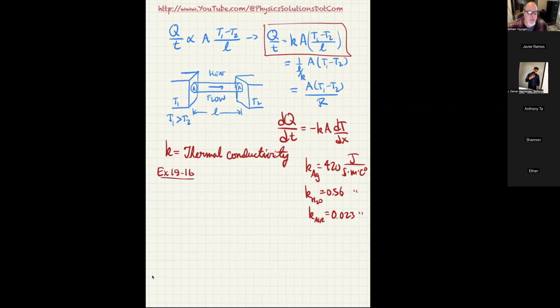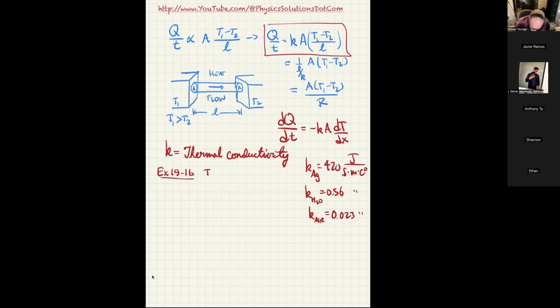It says a major source of heat loss from a house in cold weather is through the windows. Calculate the rate of heat flow through a glass window 2.0 meters by 1.5 meters in area and 3.2 millimeters thick, if the temperatures at the surfaces are 15 degrees Celsius and 14 degrees Celsius.